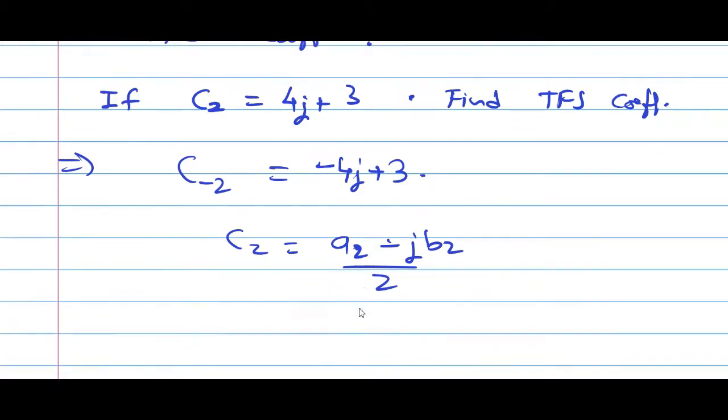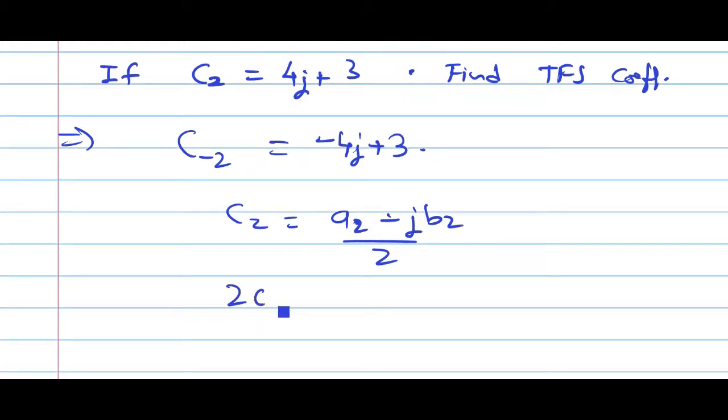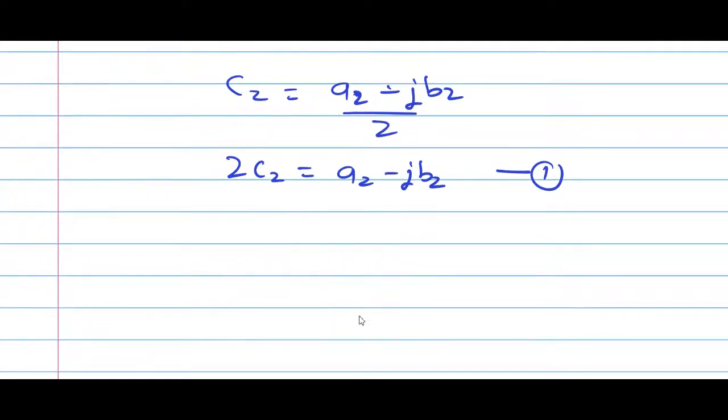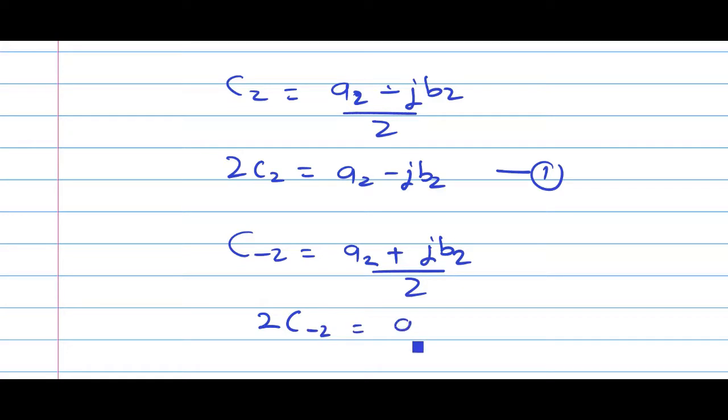So this becomes 2C2 equal to A2 minus JB2. This is equation number 1. And the C minus 2 formula is A2 plus JB2 upon 2. That means 2C minus 2 equal to A2 plus JB2. So this is equation number 2.